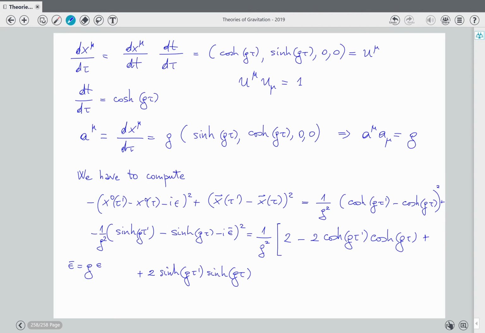And we have minus, so 2i epsilon bar times sinh g tau prime minus sinh g tau. Yes. So there is also one thing we can collect, that's a factor 2.